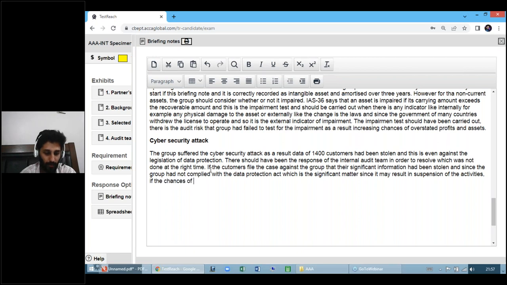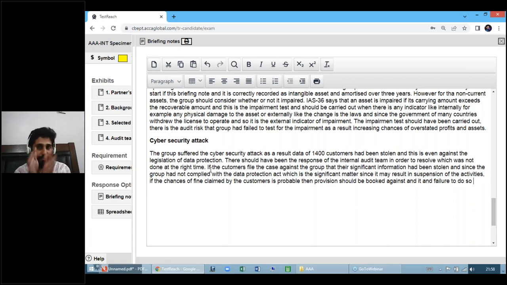If the chance of a fine claimed by the customers is probable, then a provision should be booked against it, and failure to do so, which is the phrase referencing the risk, would result in understatement of provision and overstated profits.